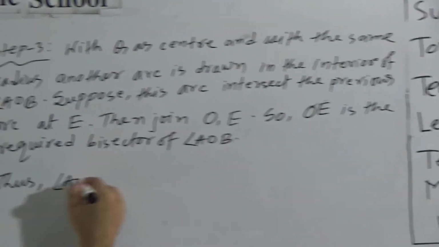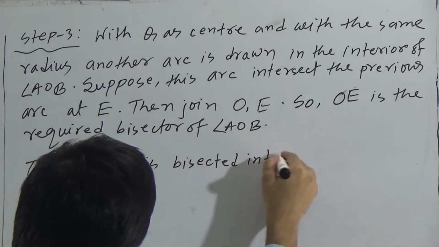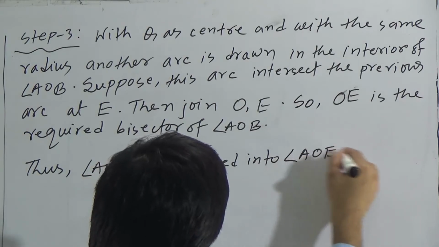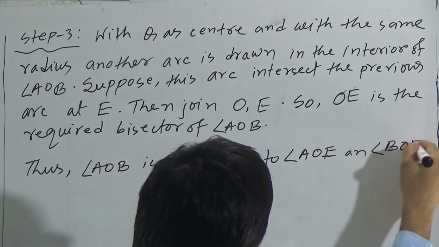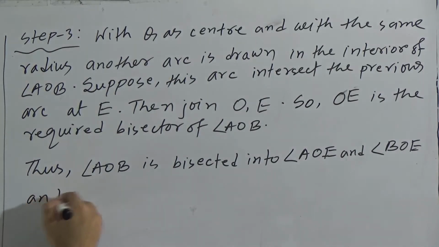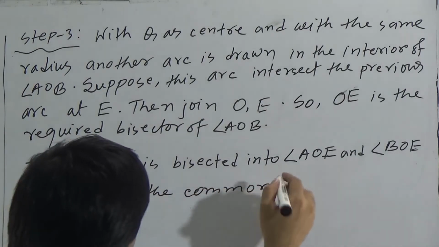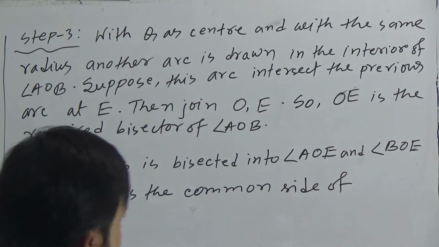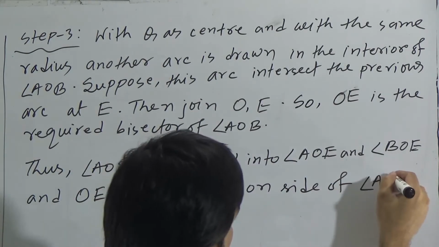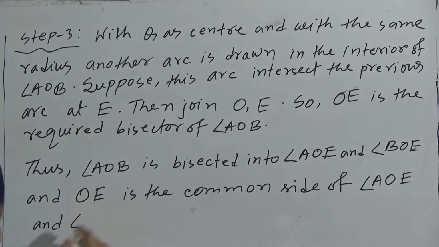Thus we can write: angle AOB is bisected into angle AOE and angle BOE, and OE is the common side of angle AOE and angle BOE.